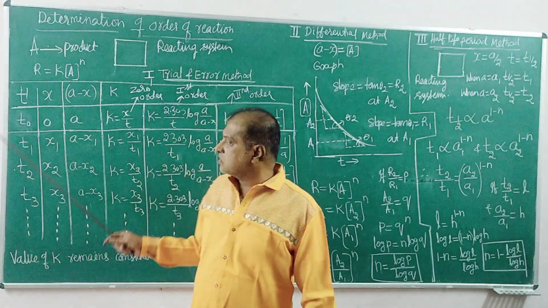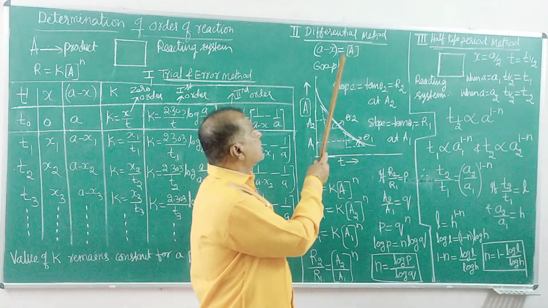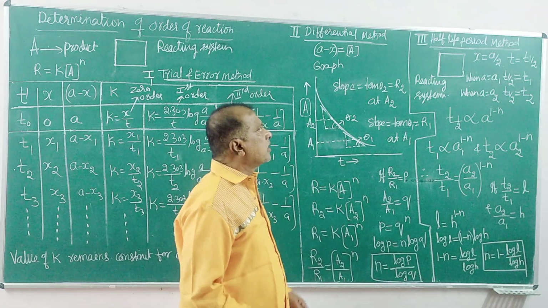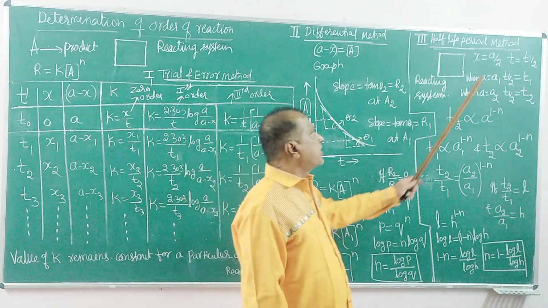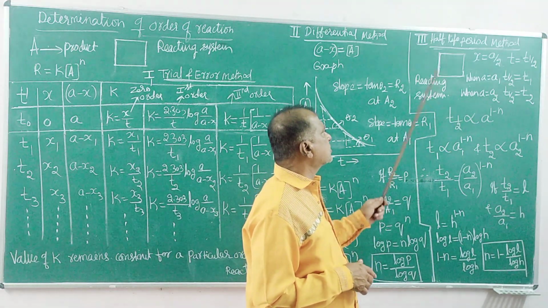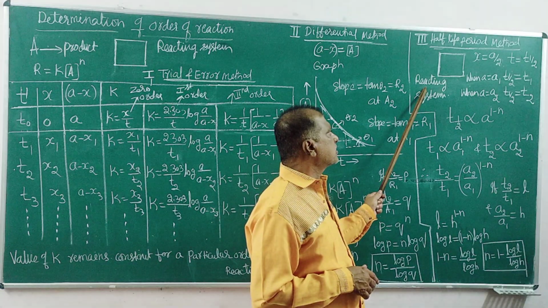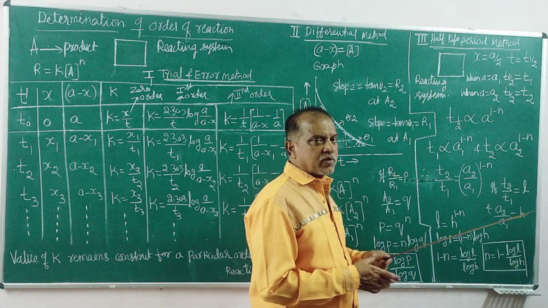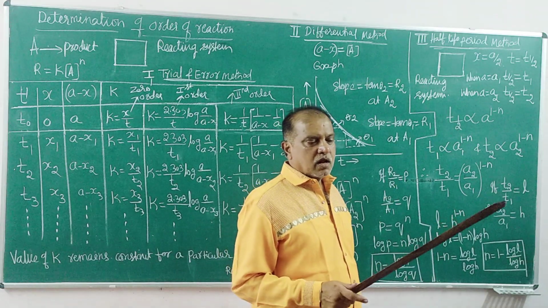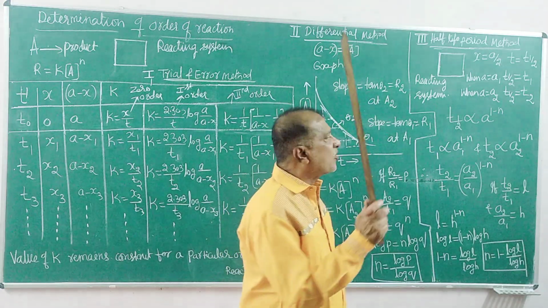With the same set of values, you can follow either the trial and error method or the differential method like this. And the third method is the half-life period method. What is a half-life period reacting system? Again, we need a scientific research approach. So set up a reacting system, a reaction vessel, and equipment to measure the half-life of the reaction.